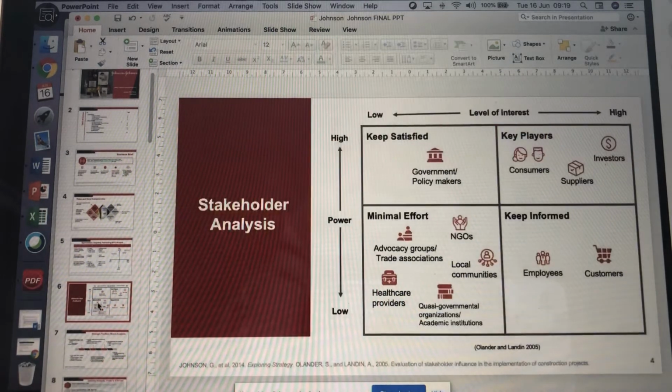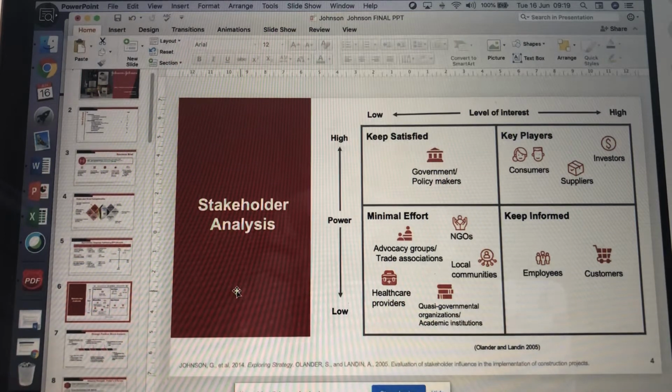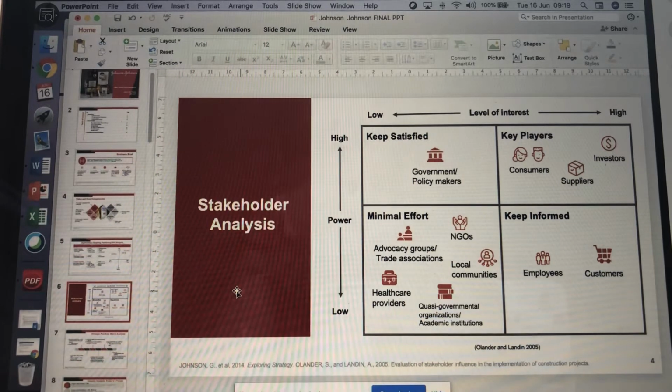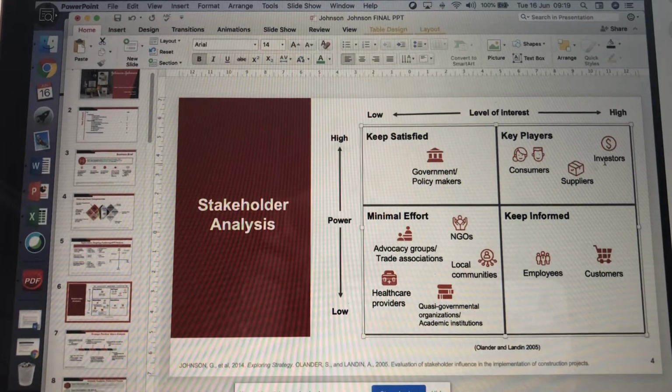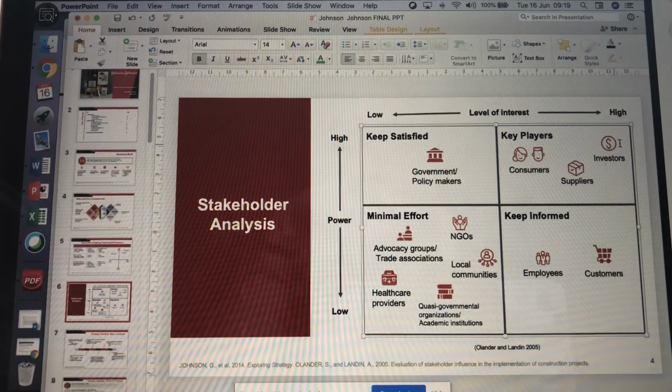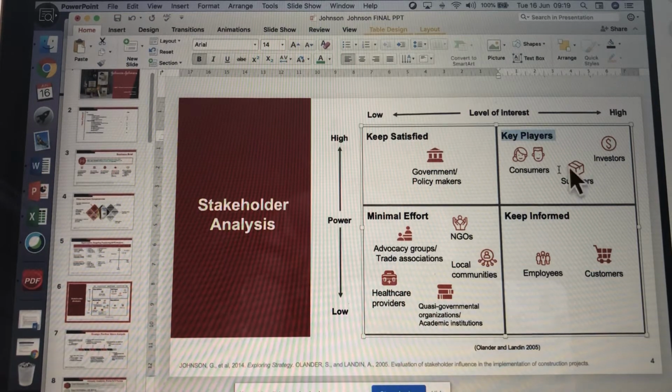And then you have the stakeholder analysis, where you talk about who the key players and key stakeholders are, and what their importance is. For example, in this case, the key stakeholders are the consumer, the supplier, and the investors. And of course, you need to explain that, not just mention them. You need to explain why you believe those are the key players.